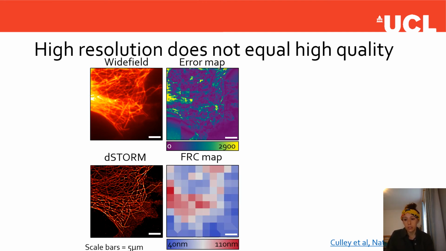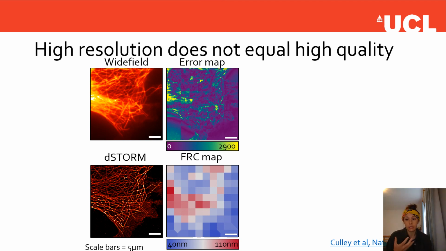You can quantify resolution in various different ways. One popular way, and this is inside Squirrel as well, is Fourier ring correlation, but there's also newer techniques such as image decorrelation microscopy. But what you can also do in Squirrel, for example, is actually measure the resolution in different parts of the image, which gives you a map that looks like this.